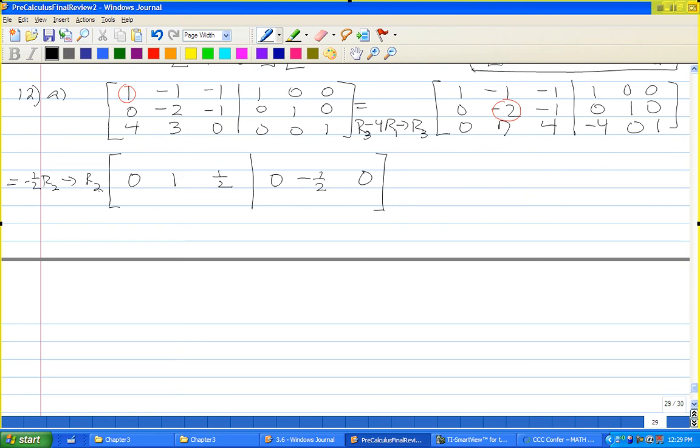Okay, I want to make this 0, so you're going to take row 1, add to it row 2, okay, let's see if I can do that.